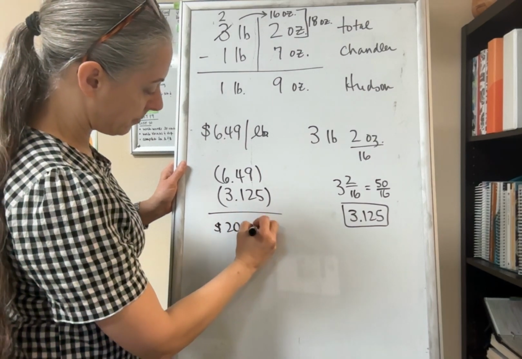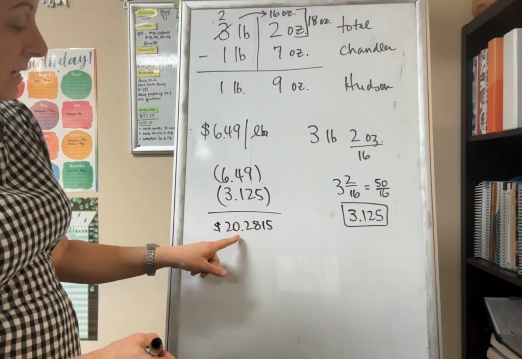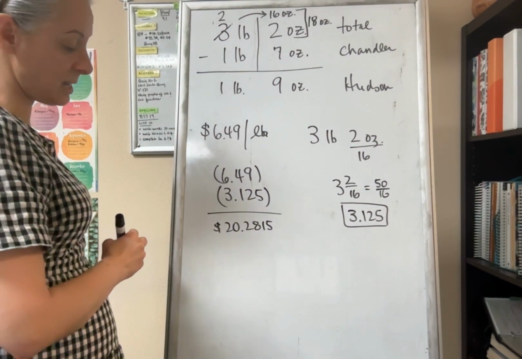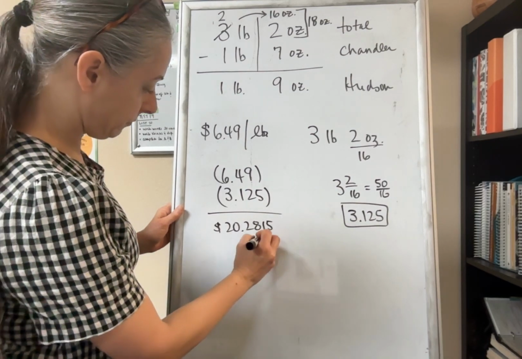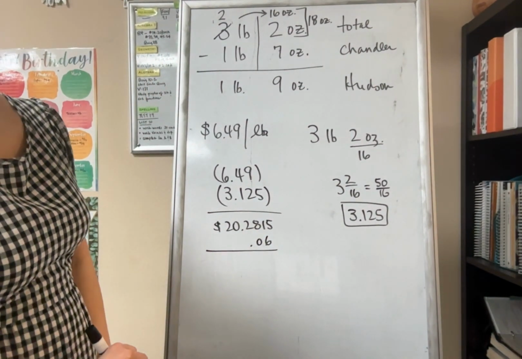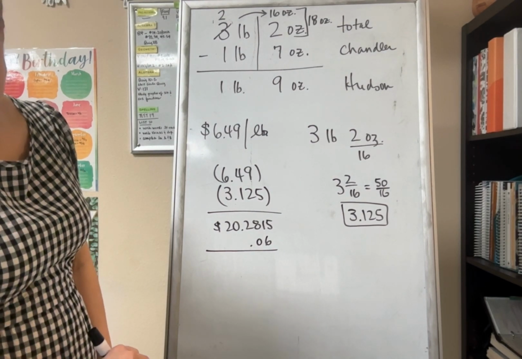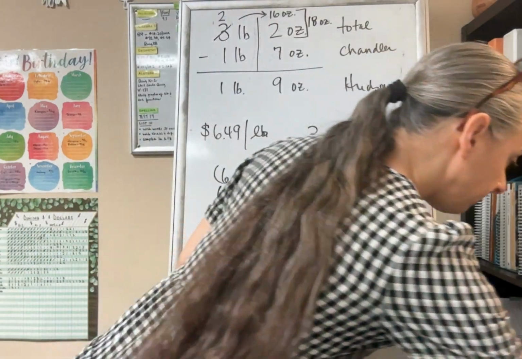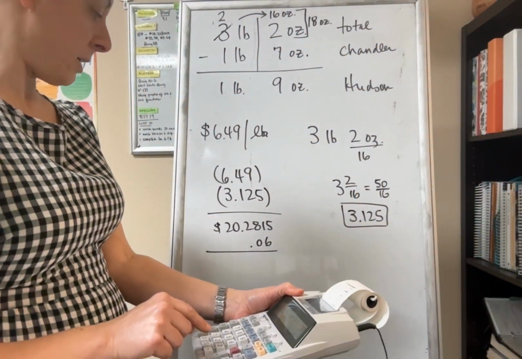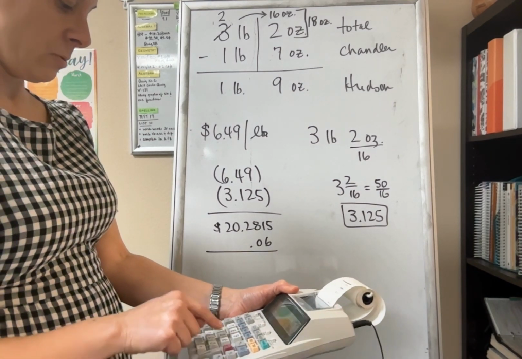Multiply those together and I'm going to get 20.2815. Now I need to multiply this by the sales tax, which is 6%. 20.2815 times 0.06.